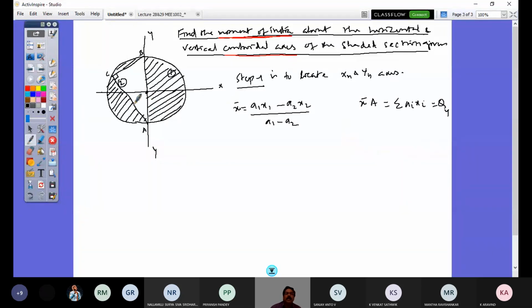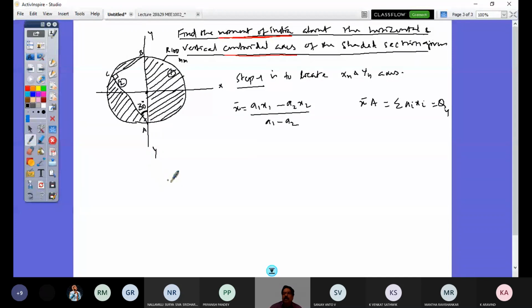The radius of the circle, you take it as 100 units, 100 centimeter, 100 mm, you can take. So 100 mm, let us take. And the dimension here is given by the orientation of this side AC to the vertical. So that is 30 degrees. Right? So these are all the given dimensions.